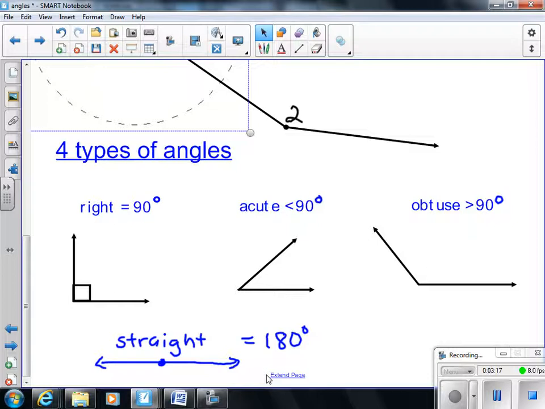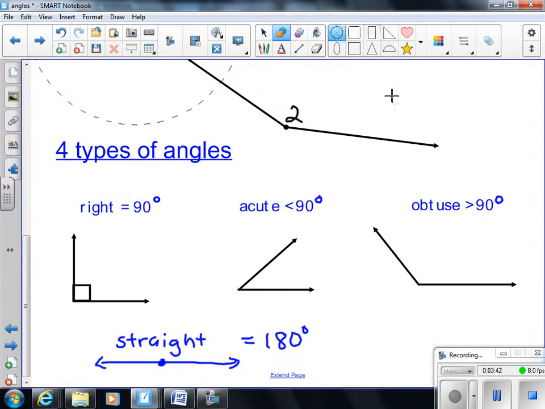Now, if you don't have a protractor where you can measure exactly what the degrees are, you can do what I call the paper test to help you determine whether or not your angle is acute or obtuse. What I do is I put the edge or the corner of a piece of paper right on the vertex. Let me just draw a rectangle here and pretend like that's my edge of my paper.